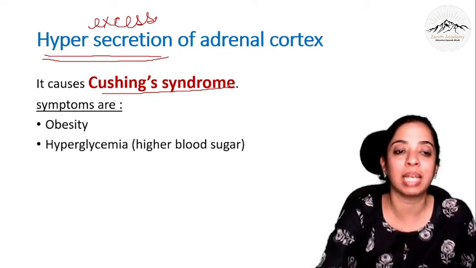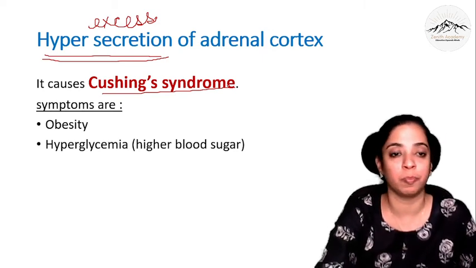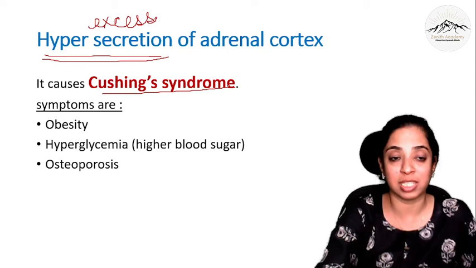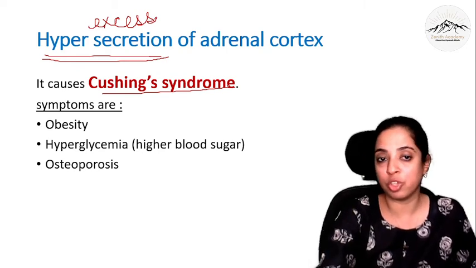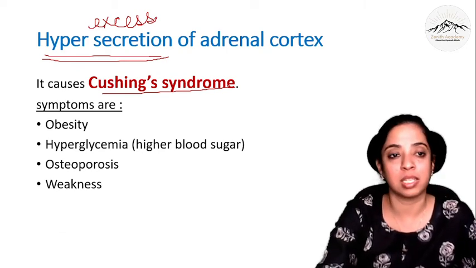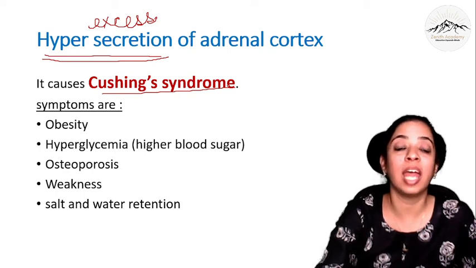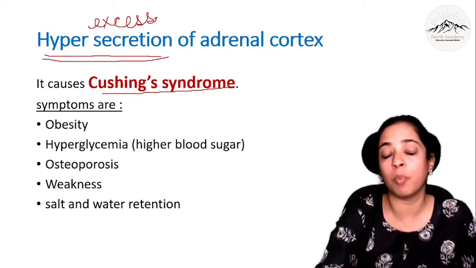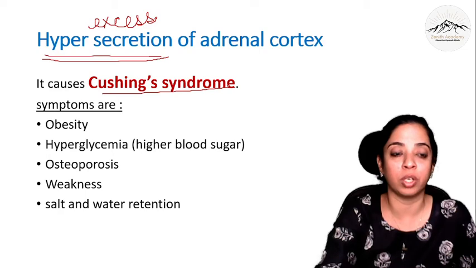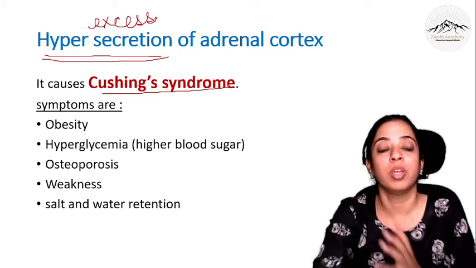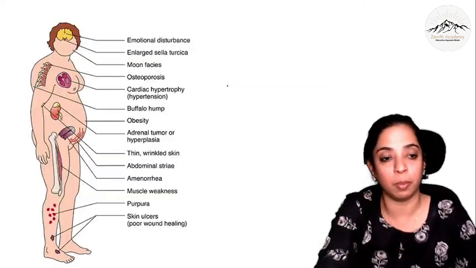Then hyperglycemia, that is higher blood sugar. Osteoporosis, the disease of bones. Weakness. And salt and water retention. Your body cells retain water and salt, that is why the body parts become very swollen.